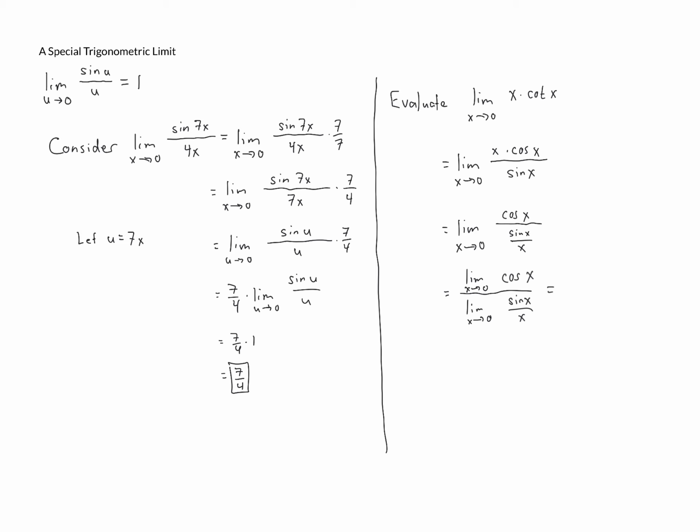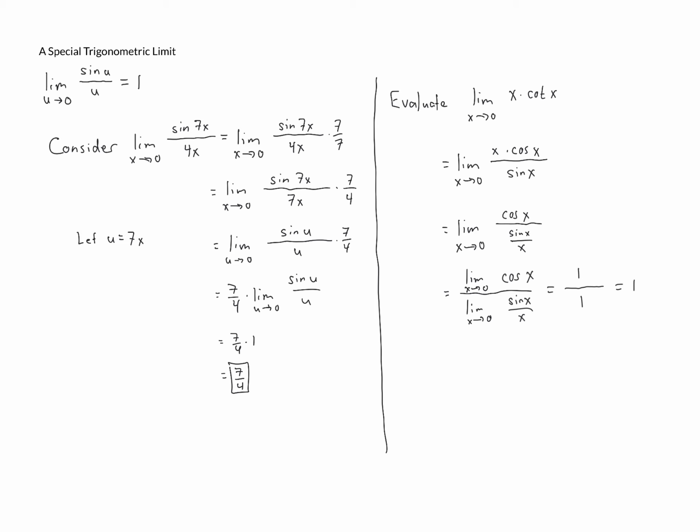Now, because cosine x is a continuous function, the limit of cosine of x as x approaches 0 is just cosine of 0, which is 1. And we already know that the limit of sine of x over x as x approaches 0 is 1. So we end up with 1 over 1, which equals 1. This is just a tool that we can use to evaluate various trigonometric limits.